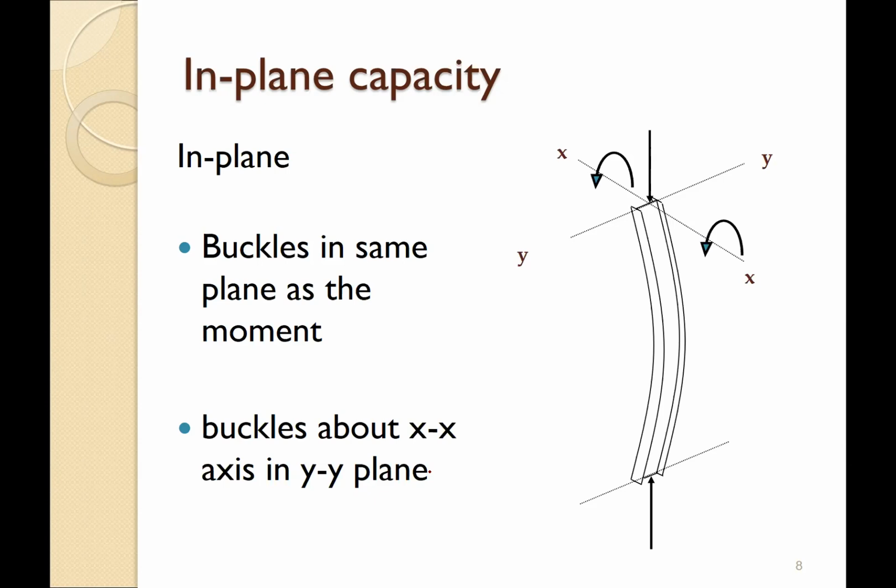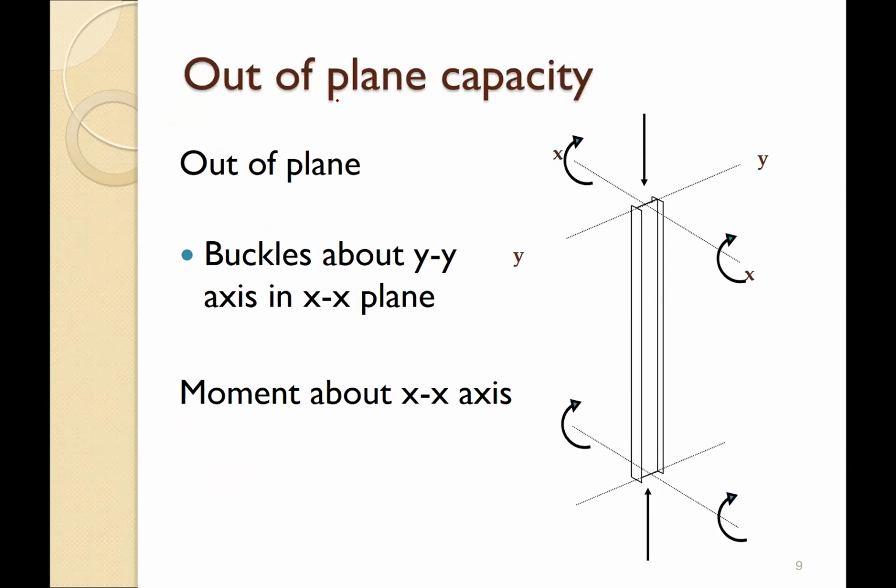If you get confused, think about this bit by bit, because this is slightly newer than what you have studied before. So think carefully. In this case, both bending deformation and buckling deformation are occurring in the same plane, and that's why we use the word in-plane. And of course, there's a resistance to buckling about the y-y axis.